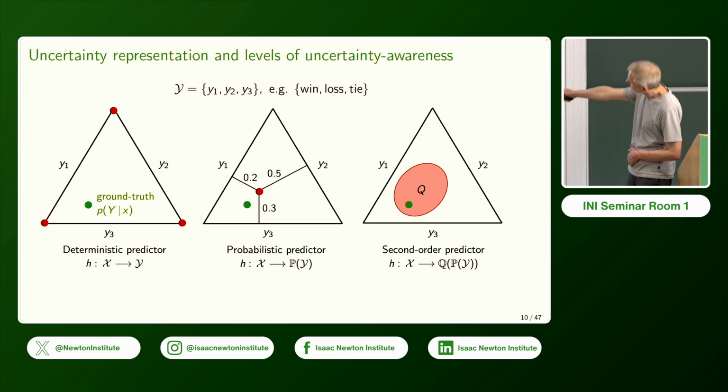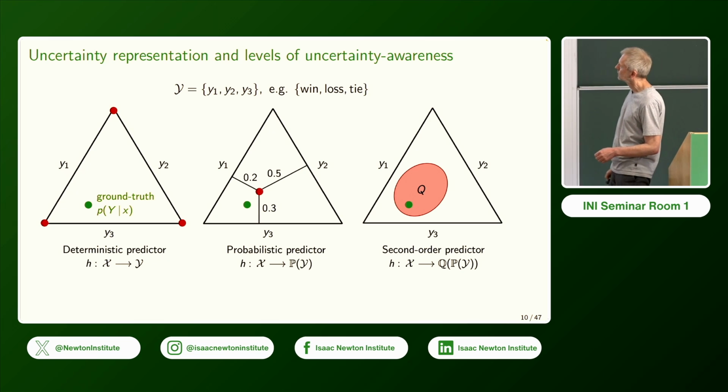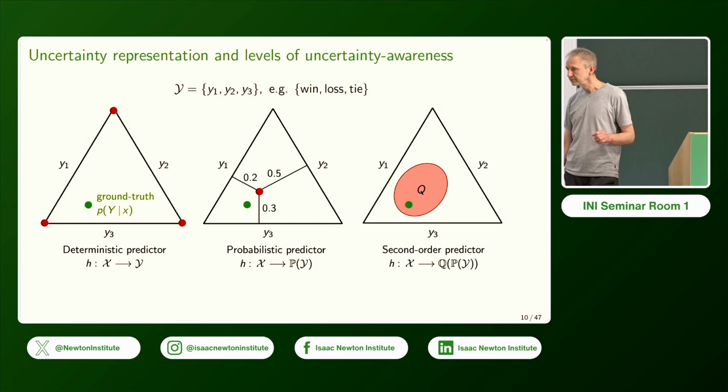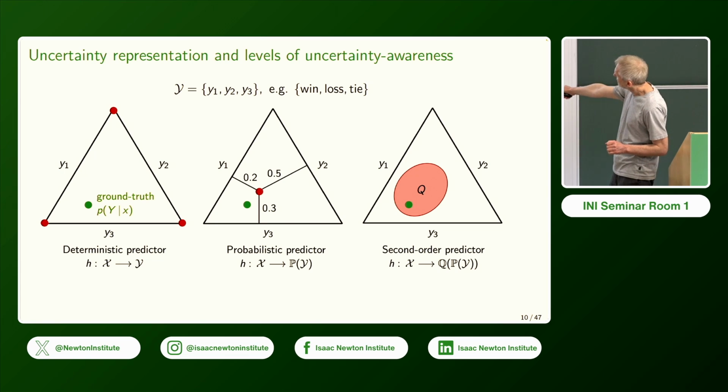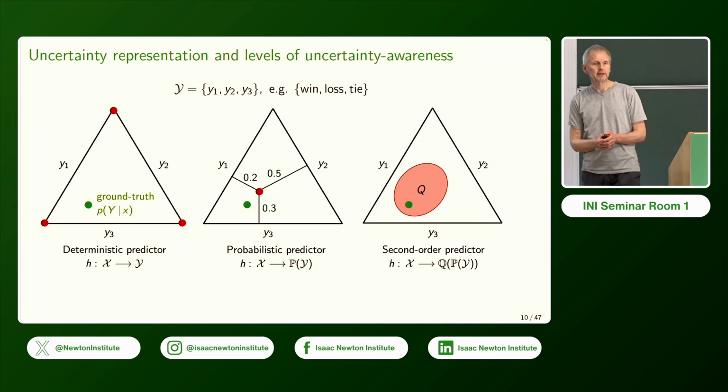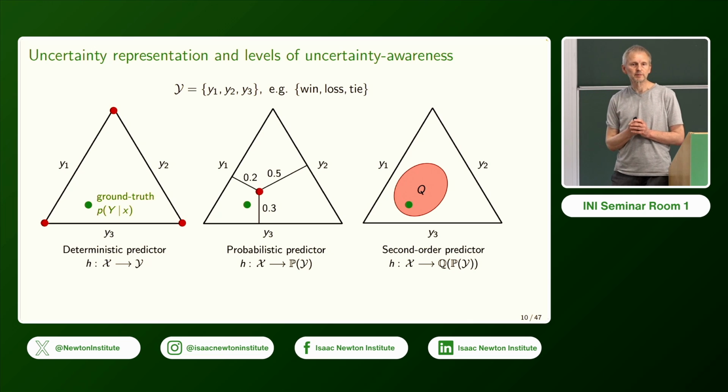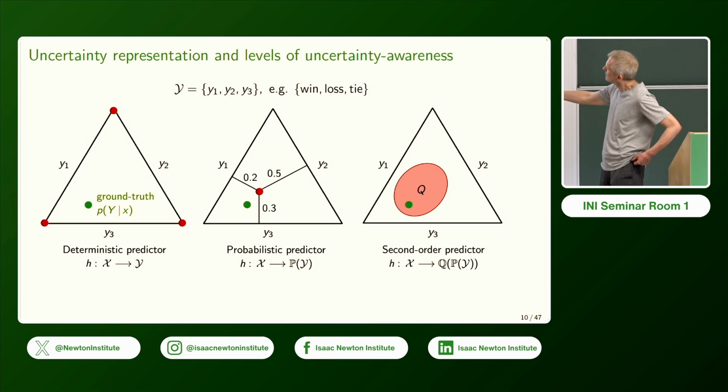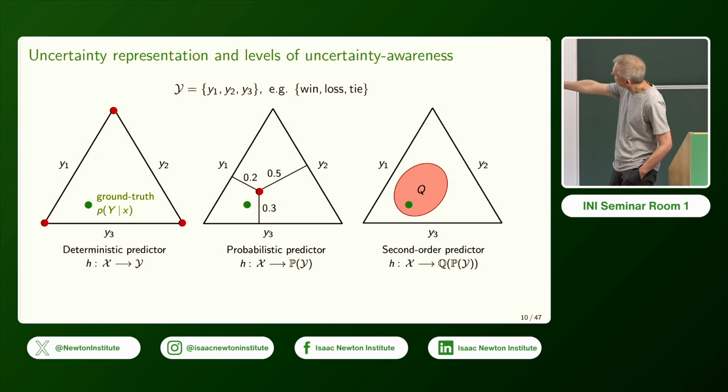The least uncertainty aware predictor is of course a deterministic predictor, which just predicts one of the three corner points. A probabilistic predictor, this is basically the state of the art. My example from the beginning, you remember, you predict a probability, but the probability, even if you make an effort to calibrate it well, will never really exactly hit the ground truth.